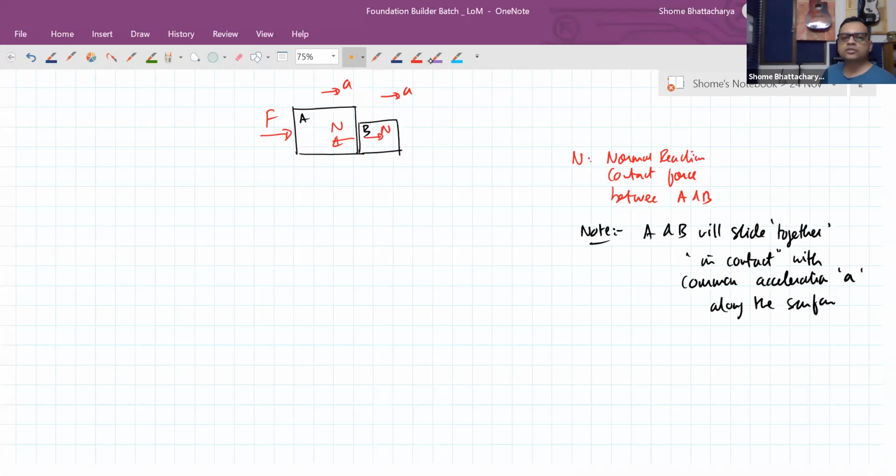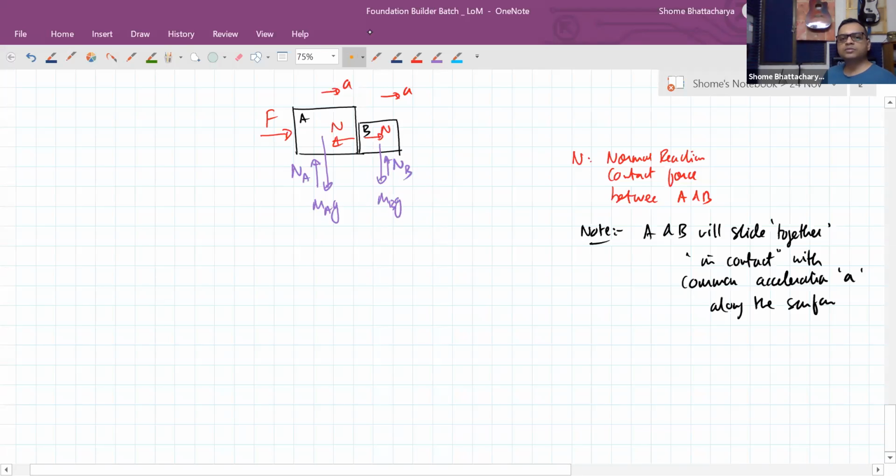Okay. While of course the vertical forces will get balanced, whatever this one's weight, there will be some normal reaction from the ground which will balance that. Whatever this one's weight, there will be some normal reaction in this.